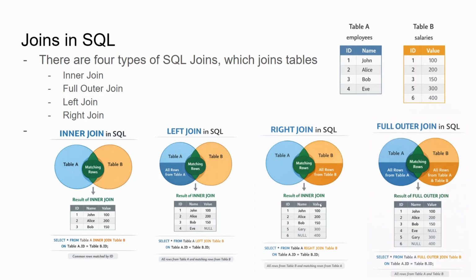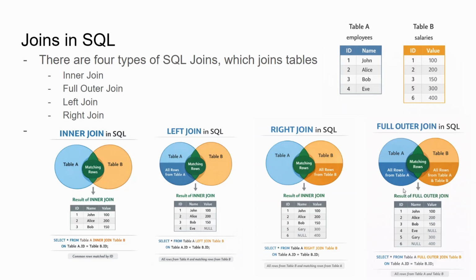Again, this should have said right join, but John, Alice, Bob will come because they are present in both tables. Then the 300 should come with null over here and null over 400. So 100, 200, 150, 300, 400 will all come, and only John, Alice, and Bob names will come.